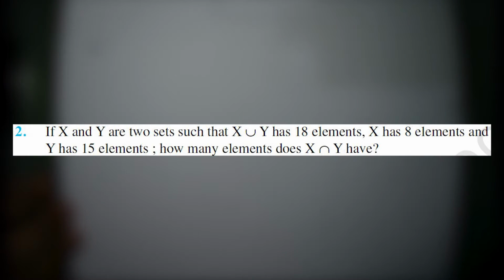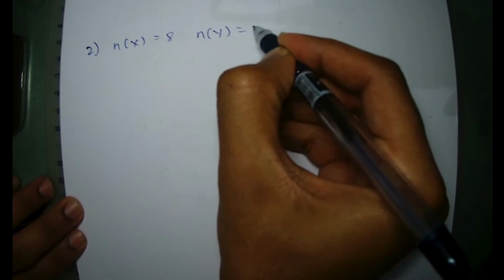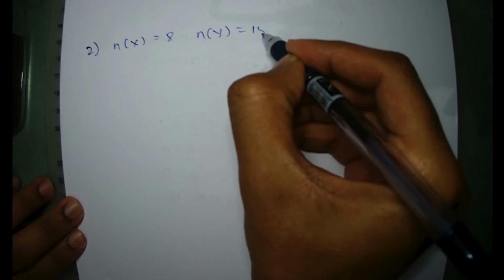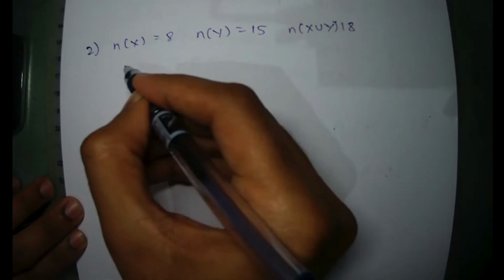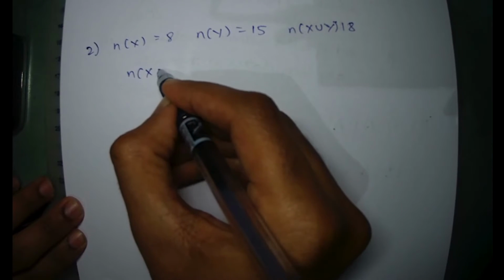So coming to the second question. If X and Y are two sets such that X union Y has 18 elements, X has 8 elements, Y has 15 elements, how many elements does X intersection Y have? We have n(X) given as 8, n(Y) given as 15, n(X union Y) given as 18. We have to find n(X intersection Y).